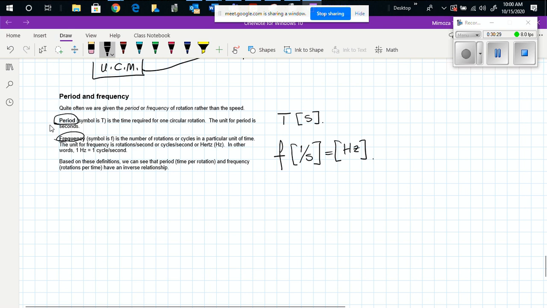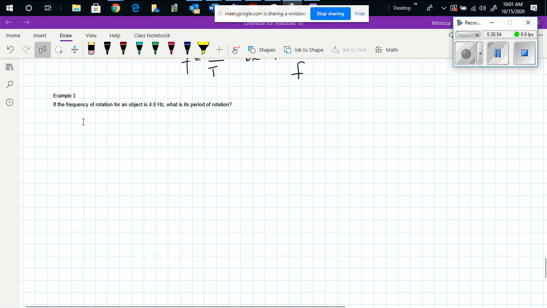The relationship between the frequency and the period is that they are inverses of each other. So frequency is 1 over T, or T is 1 over frequency. You have those formulas in your formula sheet. Can you please go to your formula sheet and identify those formulas for me?